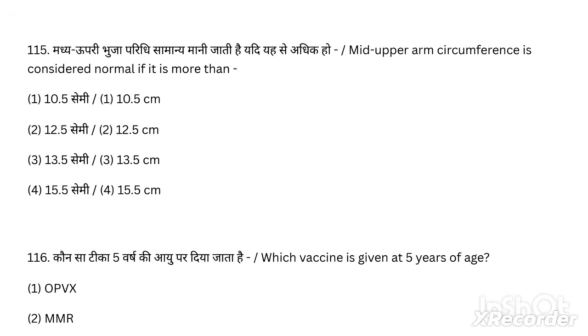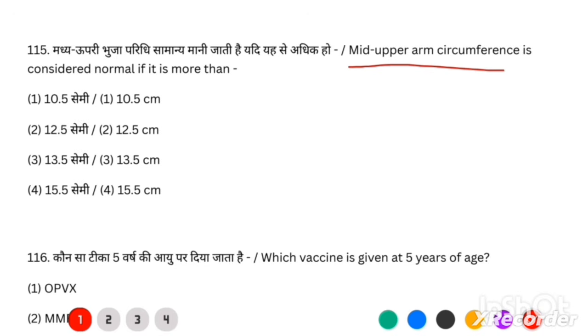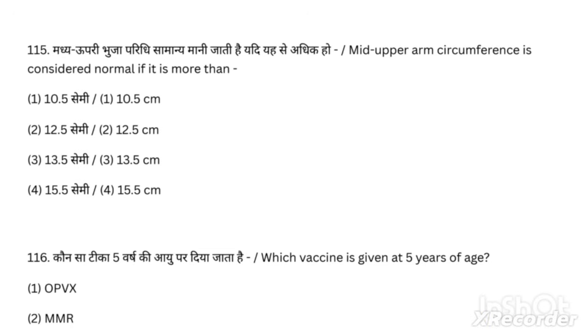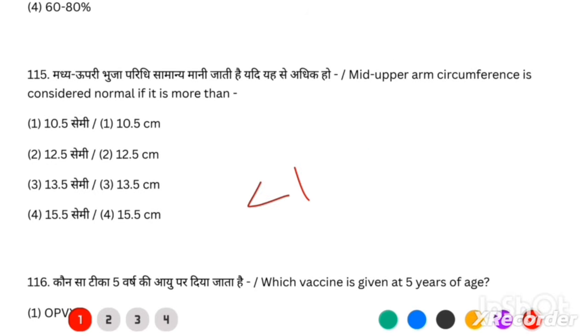Next, mid upper arm circumference is considered normal if it is more than what? So talking about mid upper arm circumference, less than 12.5 centimeters comes under malnutrition, the range between 12.5 to 13.5 comes under borderline, and greater than 13.5 is considered normal nutrition.